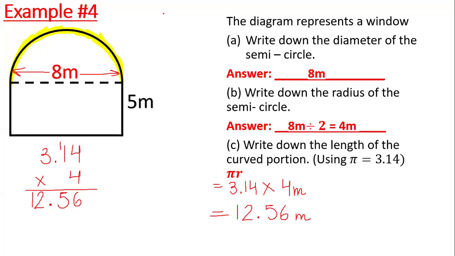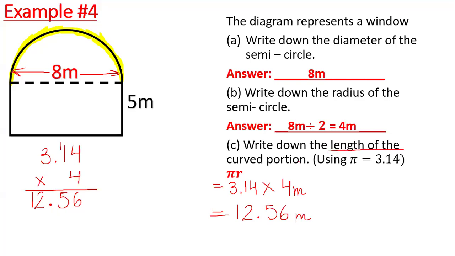Excuse me, Mr. Petit. So when you're doing the whole thing, it's pi times r plus 2 times r. Yes. And then for the curved portion alone, it is just pi r. That's it. So here, we just want the length of the curved portion. So that's very important.